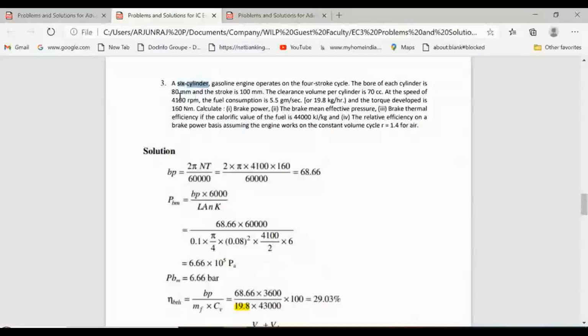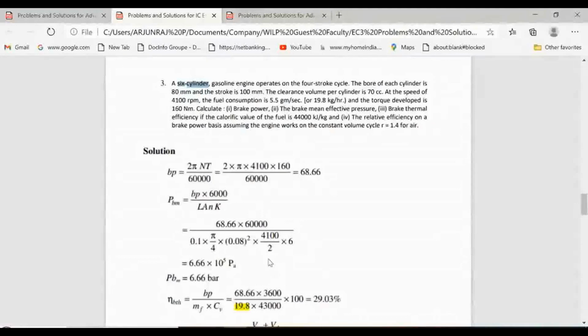See here, you are going to convert the 100 mm or 80 mm into meter. Why do you need to convert that into meter? This is the reason.